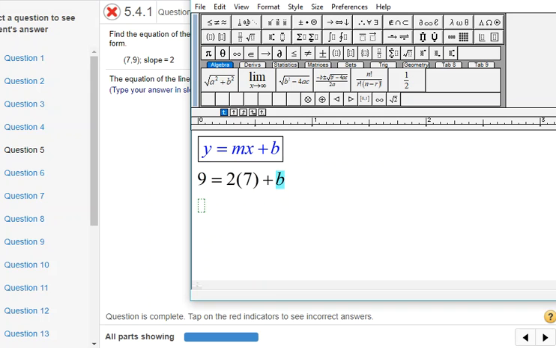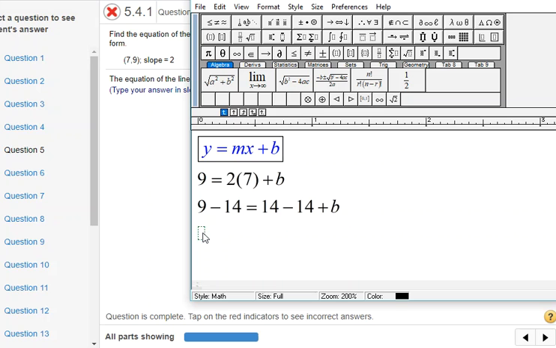Now I can simplify this and solve for b. 2 times 7 is 14, so I have 9 equals 14 plus b, and then we can subtract 14 from both sides. You would probably write that underneath usually, but 9 minus 14 is negative 5.